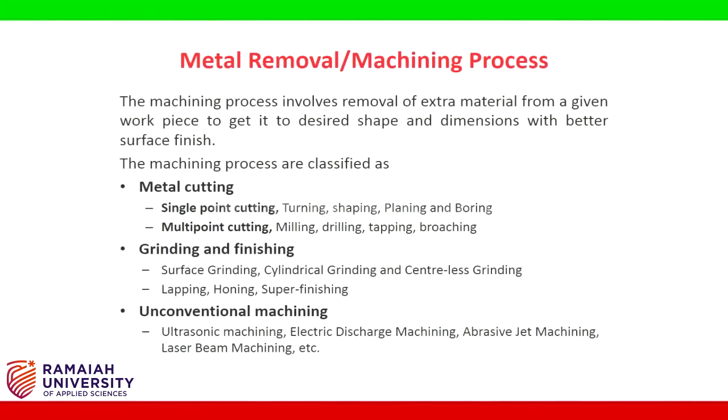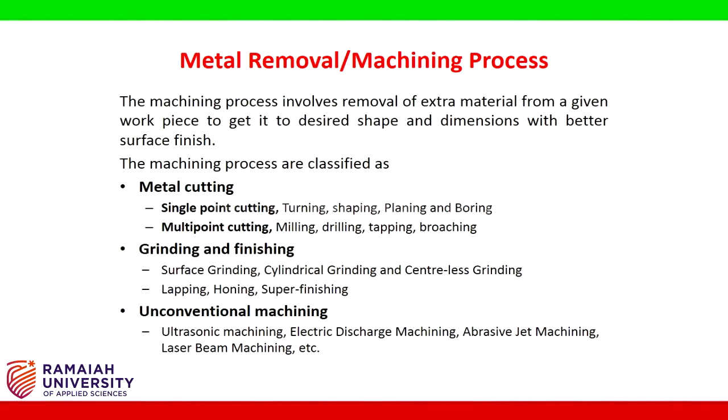Material removal or machining process. The machining process involves removal of extra material from a given workpiece to get it into desired shape and dimensions with better surface finish. Metal cutting. Single point cutting tool is used in turning, shaping, planing and boring operations.